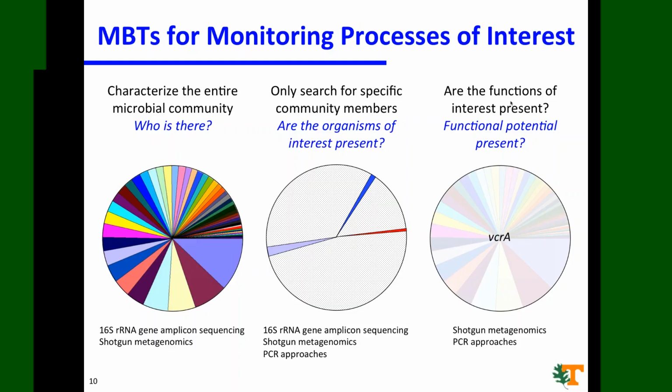So for example, you look for the vinyl chloride to ethene reductive dehalogenase gene vcrA, you detect it, and you don't care what organism harbors this type of functional gene. Okay? And you can tell then if the function is present. This can also be accomplished with metagenomics or with targeted PCR approaches.